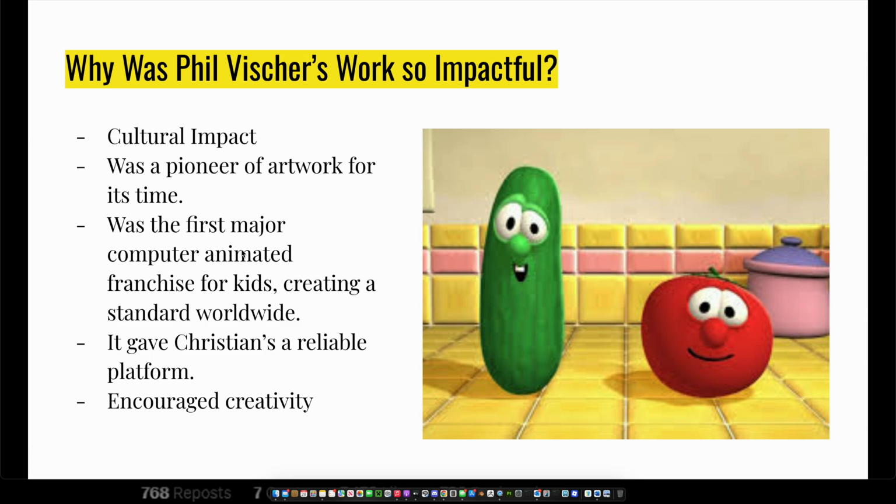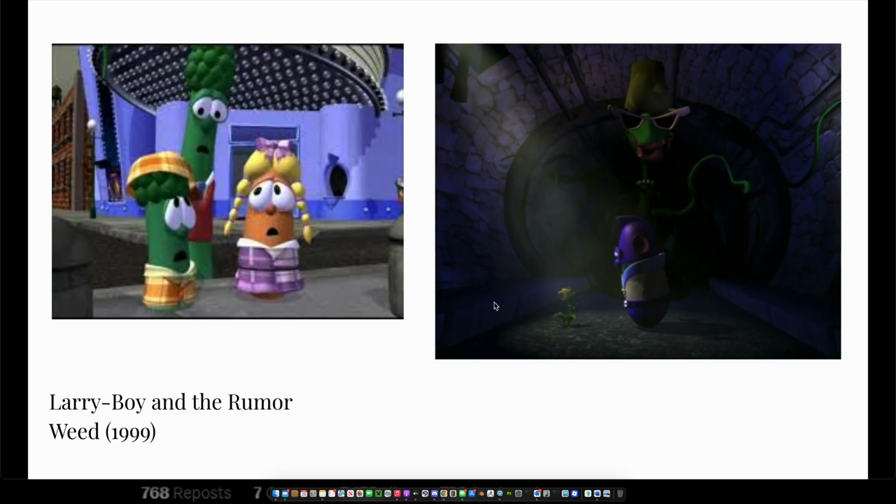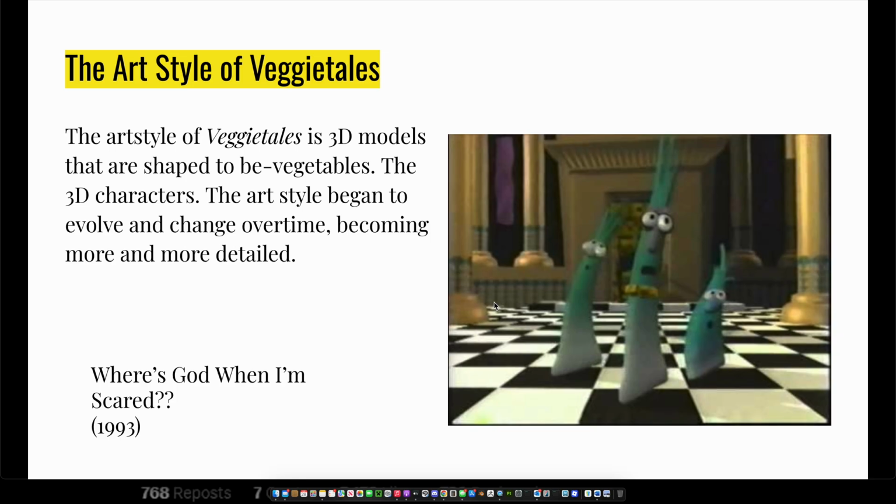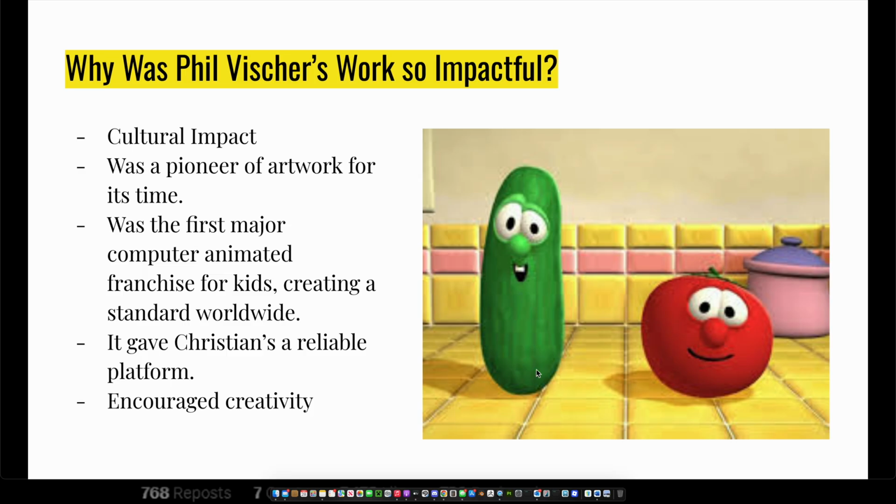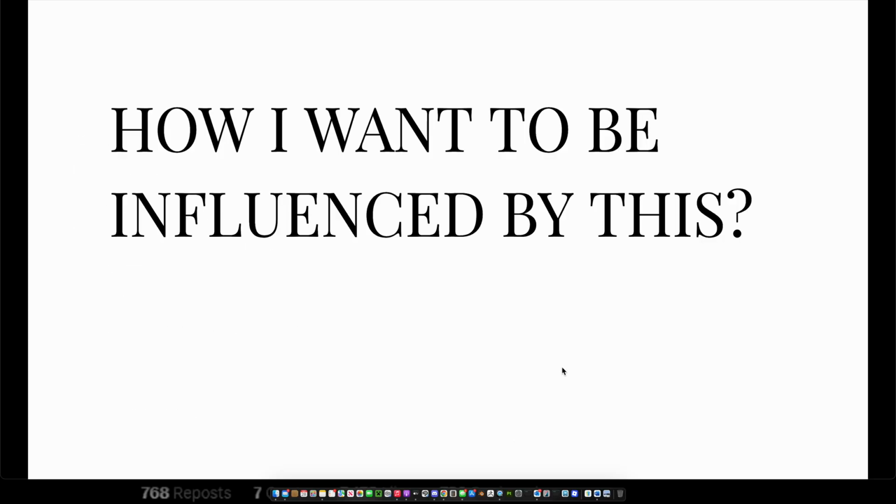And like I said before, they started out with basically little to nothing because CGI animation was so new that they had to get creative real fast, and they got so creative. Like I said earlier, they just took basic shapes and turned them into iconic characters that we all know and love today.